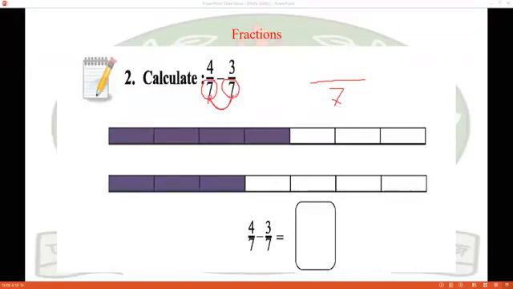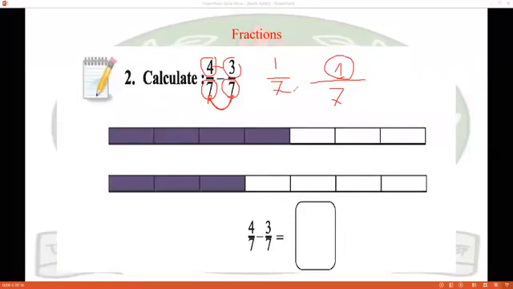The numerator of the result will be the simple subtraction of the numerators. There is numerator 4 and numerator 3. Subtracting 3 from 4 you get 1. So the result will be 1 by 7.